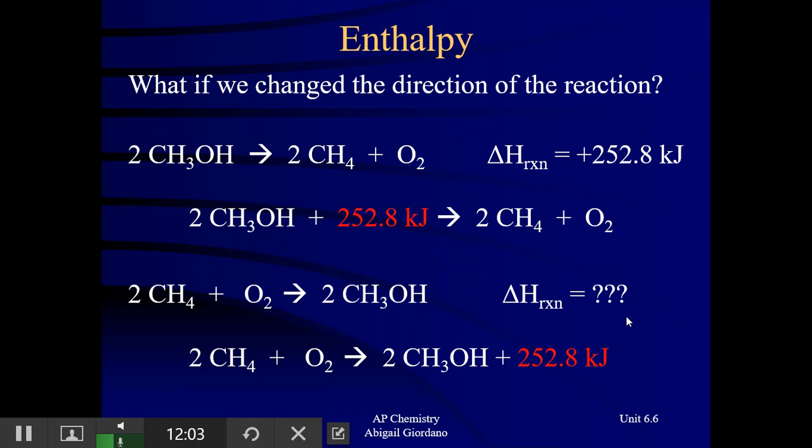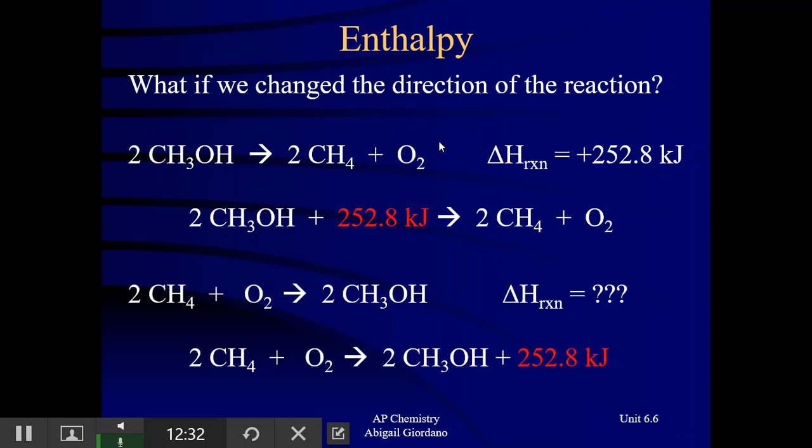So the last thing that I want to show you here is just, you know, what happens if a reaction is flipped around. Okay, so let's take this line by line. If you look at this line right here, we've seen this reaction before, the decomposition of methanol, and there's the heat change associated. It's positive, meaning it's endothermic.